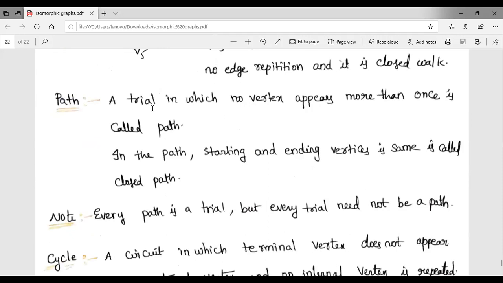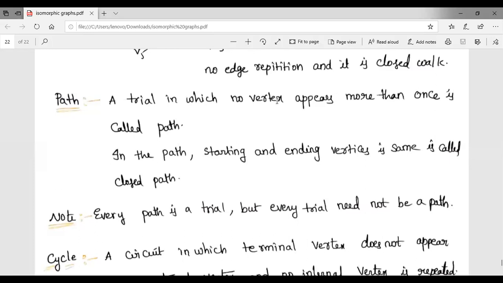Okay. Fourth one, path. A trail in which no vertex appears more than once. So here there is no vertex repetition. A trail means an open walk with no edge repetition. So a trail in which no vertex is repeated means an open walk that starts with different vertices, with no repetition of vertices and no repetition of edges.